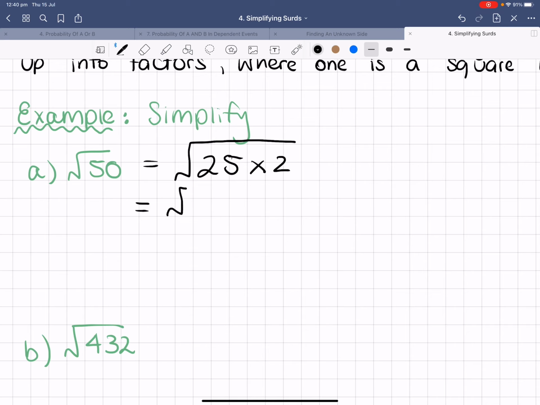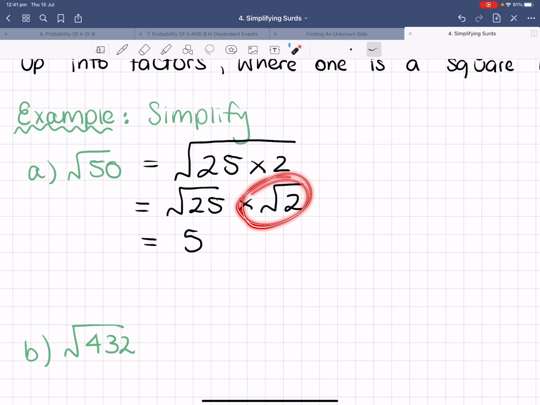So then we can say, well, that's the square root of 25 times the square root of 2. And we know that the square root of 25 is actually just 5, times the square root of 2. We can't do anything with that, so we just leave it as the square root of 2.